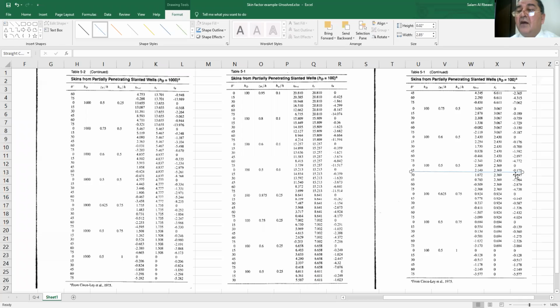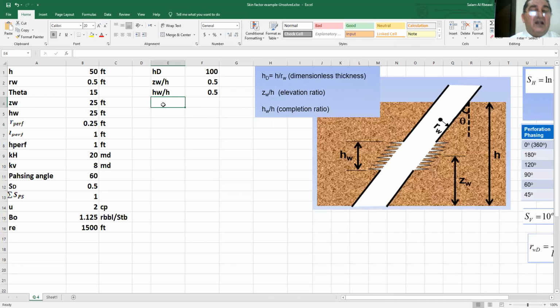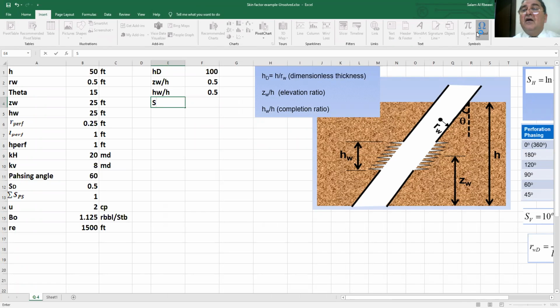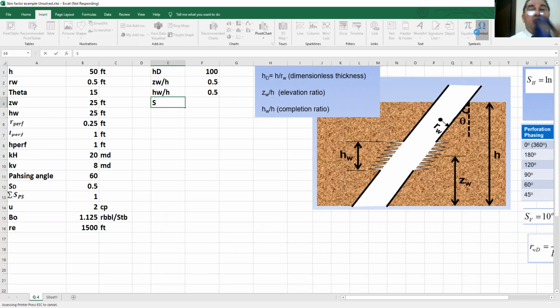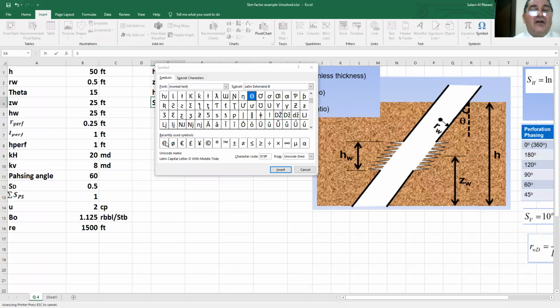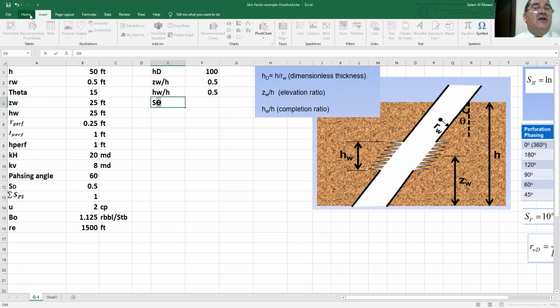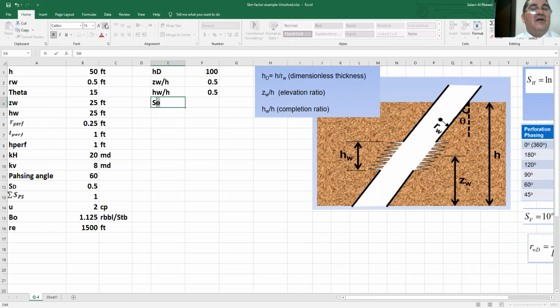S sub theta is minus 0.175. Let me make it small a little bit.